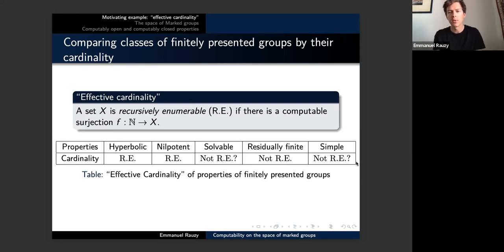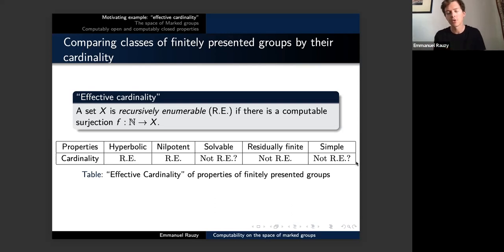But now you see what we've done. We had a distinction that we were able to make between hyperbolic, nilpotent, and solvable, residually finite, and simple. We were able to consider the cardinality when interested in finitely generated groups, and we lost the tool that is cardinality when studying finitely presented groups.